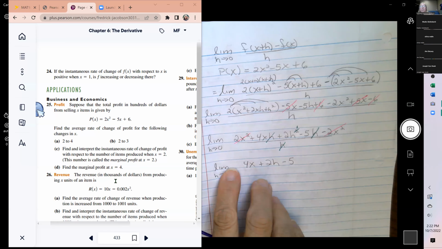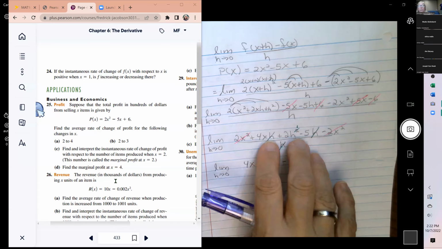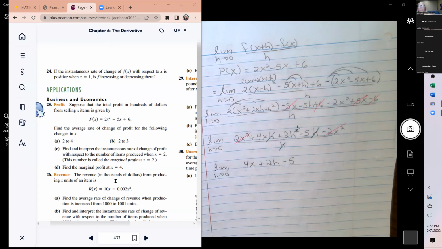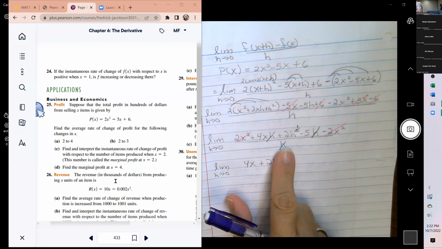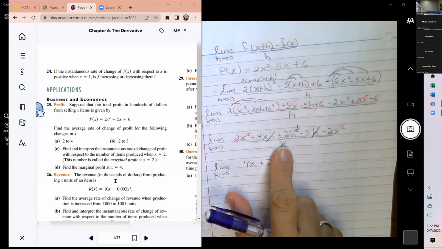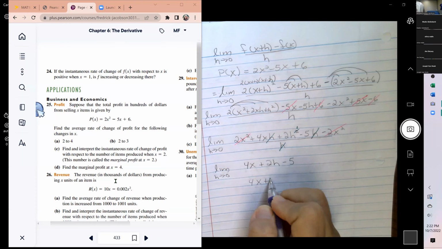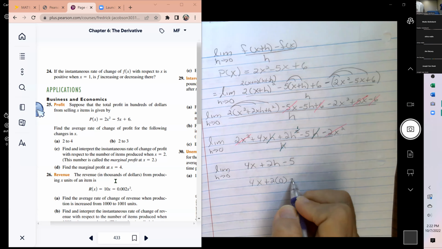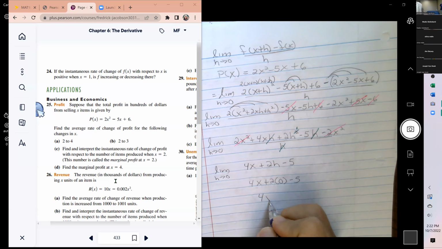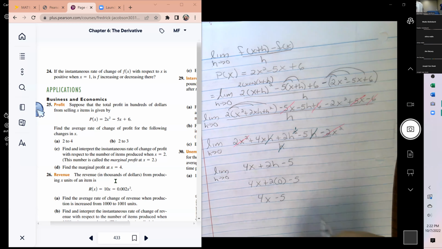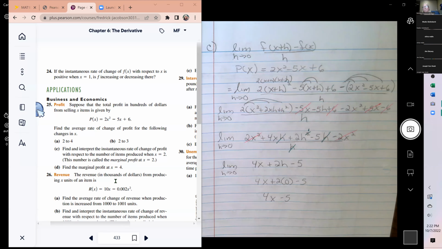If we plug in 0 anytime before that, we're going to get 0 over 0. But now we can plug it in because the h in the denominator is gone. So the answer is 4x minus 5.